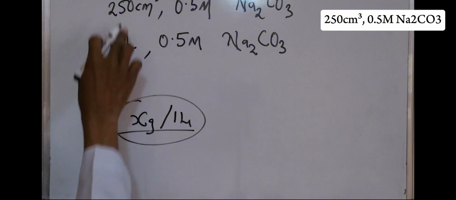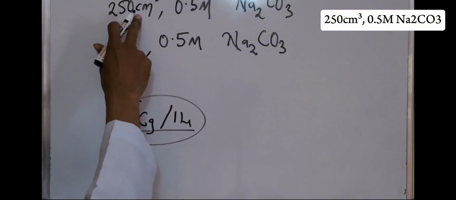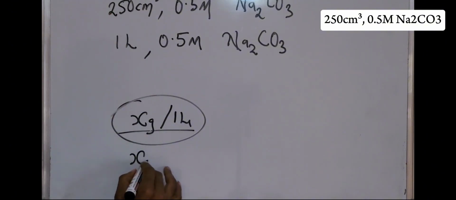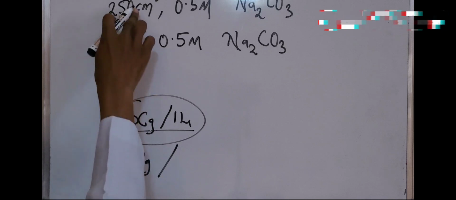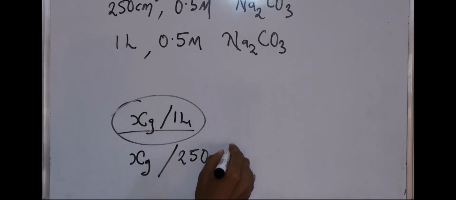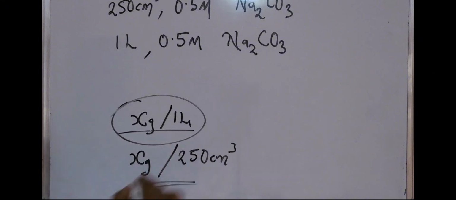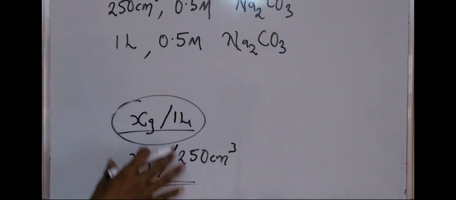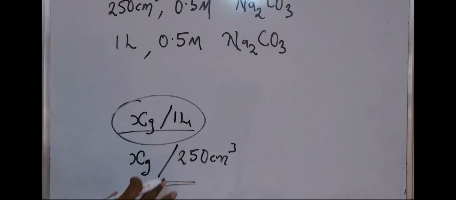It means that once you've calculated your answer, and your answer says, let's say, X gram, it is going to be in 250 cm cube. These are things you are supposed to note. Then you can proceed with doing the calculation.